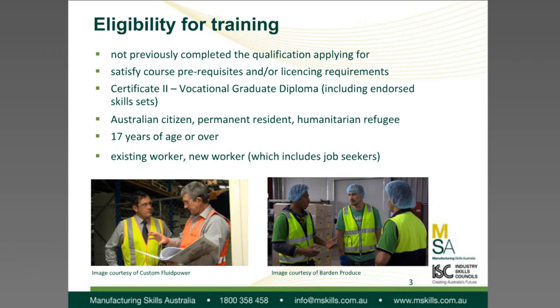However, with the National Workforce Development Fund, a new worker is somebody who does not yet work for the enterprise, and they come through a government-approved job services agency. An existing worker is somebody who's already hired. So again, if you want to go down the path of new workers, then please give us a call and we can assist you because there are some additional requirements necessary for new workers.